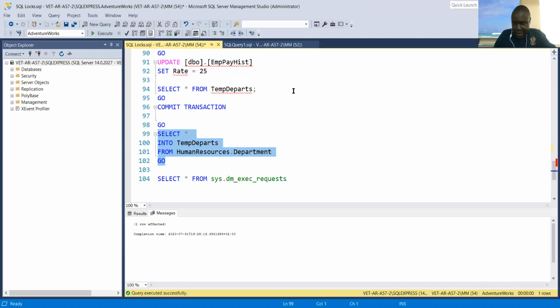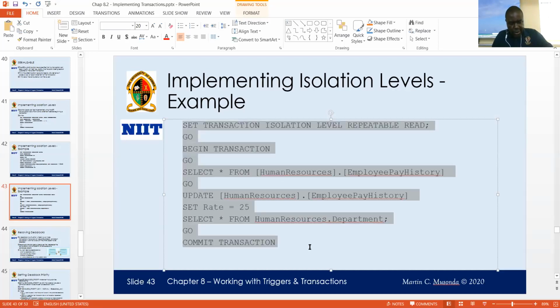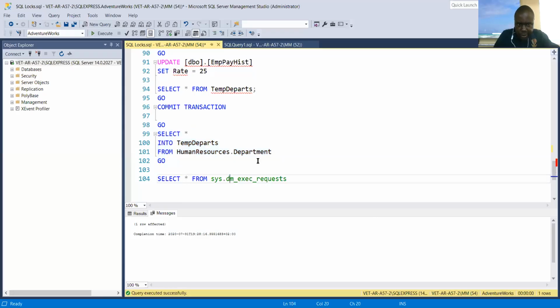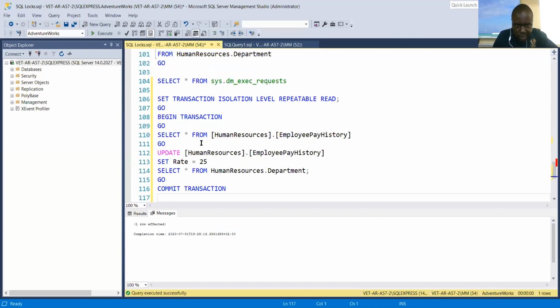We can still use this one. So we need to understand what is going to happen here.